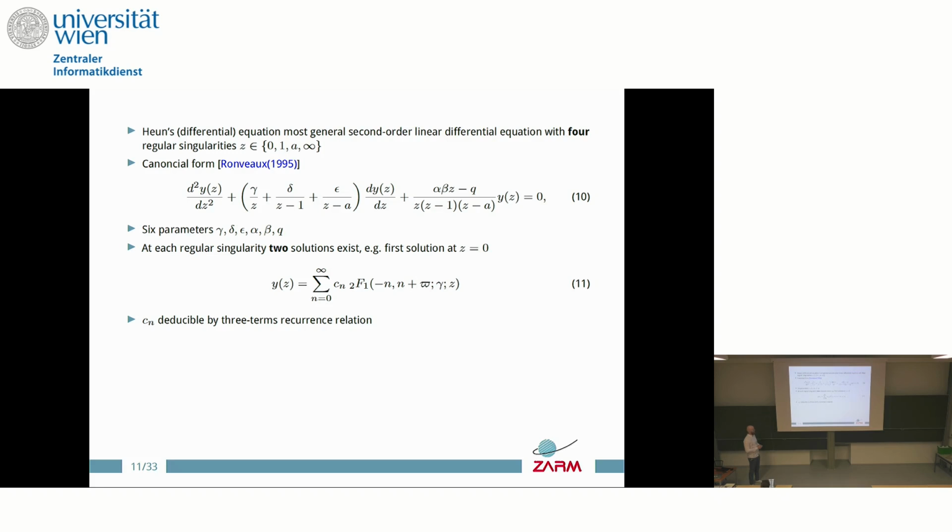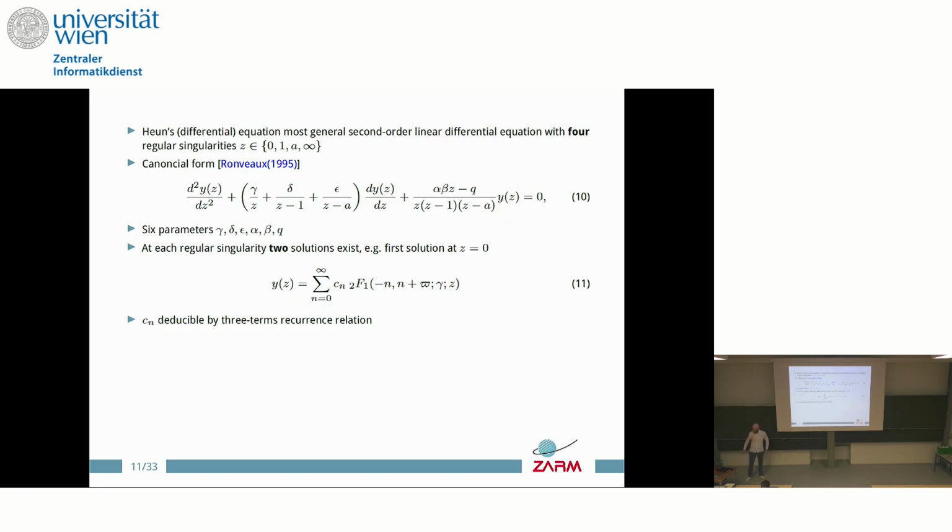A is not to be confused with the Kerr spin parameter, but is the so-called singularity parameter for this differential equation. And a can take any complex value you can imagine. The 6 parameters characterizing this differential equation are the ones in the parentheses here. So these are the exponent parameters, and then we have an accessory parameter and 2 more infinity exponent parameters.